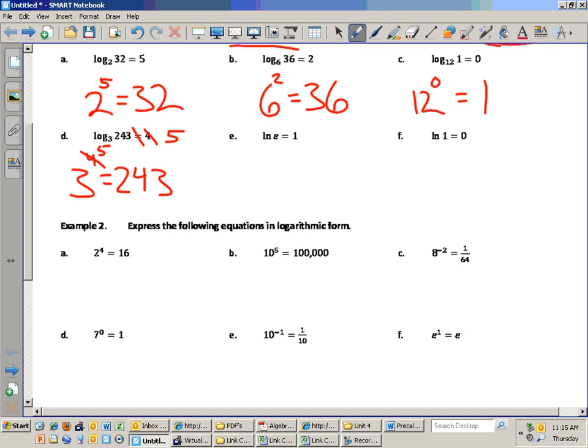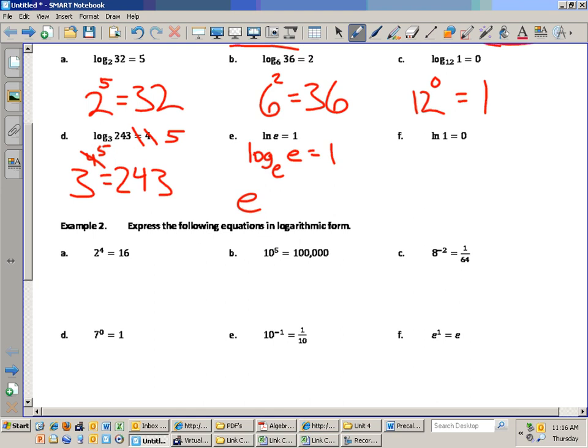Now, people got confused with E and F. Those are natural logarithms. A natural logarithm doesn't have a base of 10. It has a base of E. So what this really means here is the logarithm base E of E is equal to 1. How would you write that in exponential form?